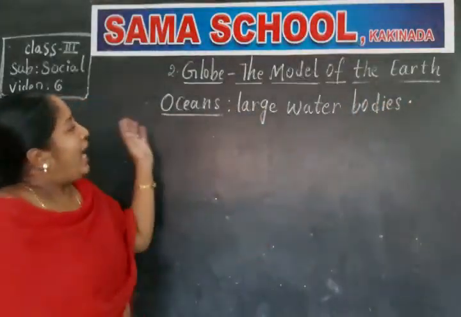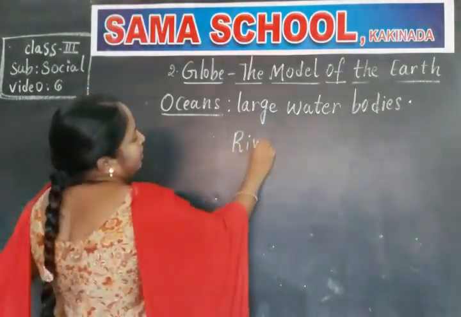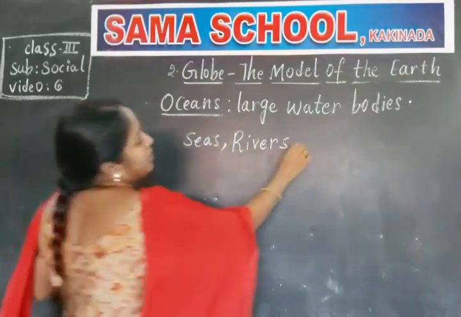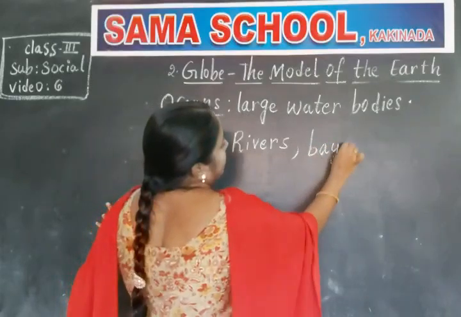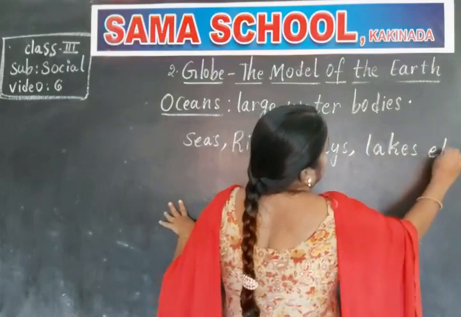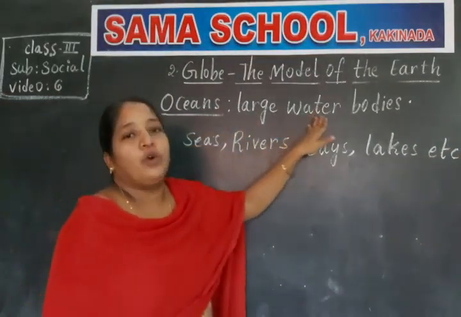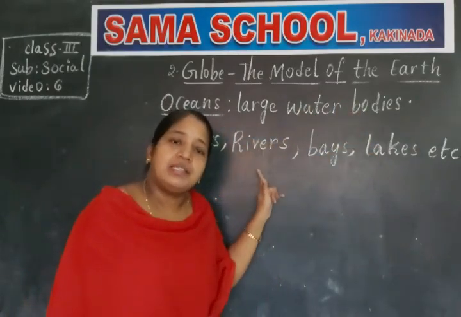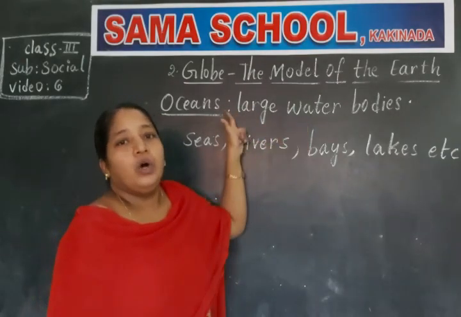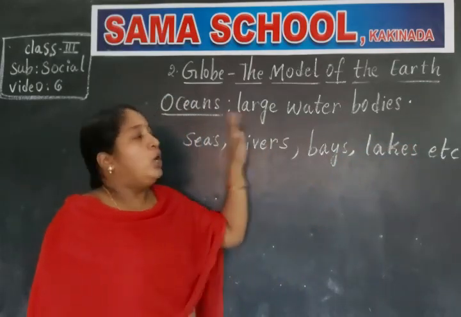Clear children? And the other small water bodies are rivers, seas, bays, lakes, etc. So what are called oceans? These are the large water bodies. Large land masses are called continents. So water, oceans. Large water bodies on the earth are called oceans.